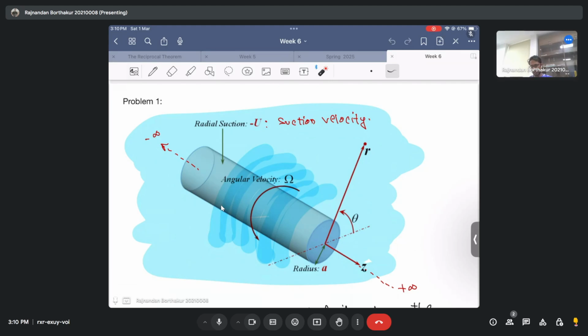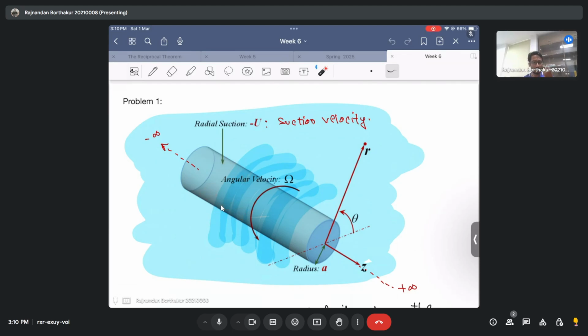Just for you to have a look at the physical problem, this is what the paradigm looks like. There is a cylinder rotating with angular velocity omega in the counterclockwise sense, and this cylinder is porous. As the cylinder rotates, there is also a radial suction of the fluid through the cylinder walls.